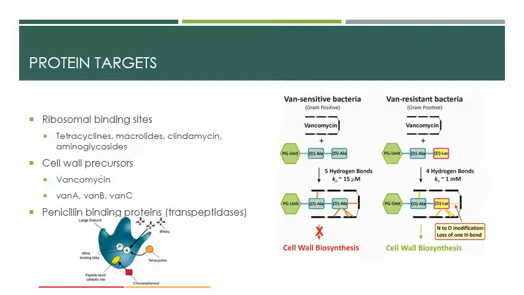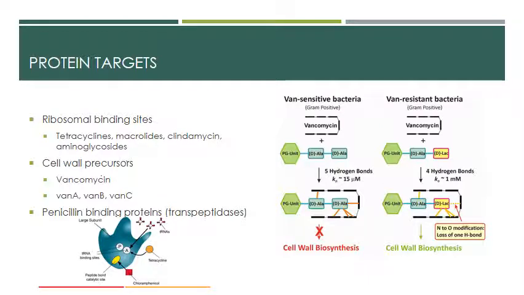Level A is a very high level of resistance, and it's associated with the VAN-A gene. The VAN-A gene encodes basically an inducible protein, so a protein that will only be produced in the presence of vancomycin. It's involved in cell wall synthesis, and it can be found in enterococci.